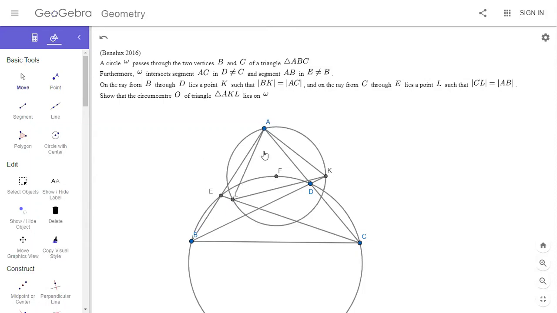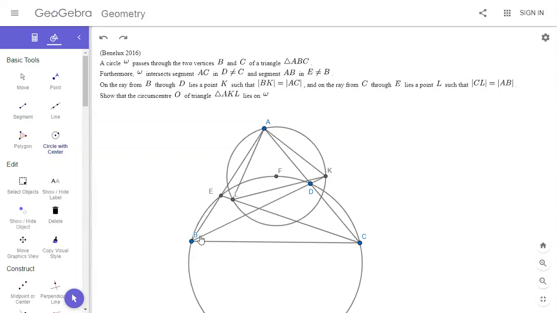But yeah, first let's see, because this definitely looks isosceles, right? Yeah, so maybe there's some congruent triangles here. So BK is equal to AC. So maybe BKA is congruent to ACL. Is that true? I'm not sure if that's true.